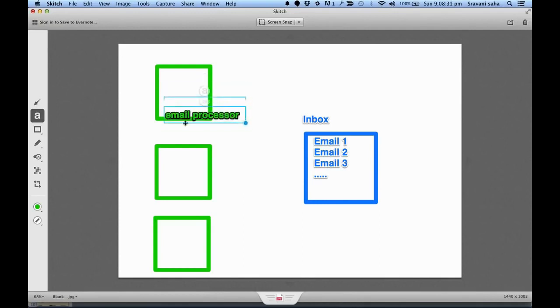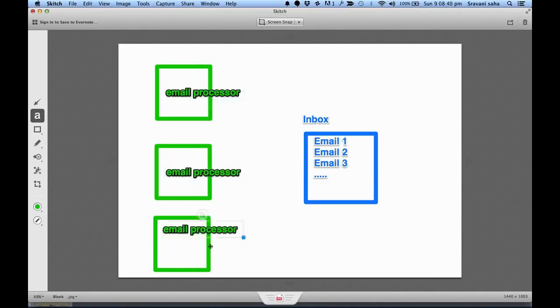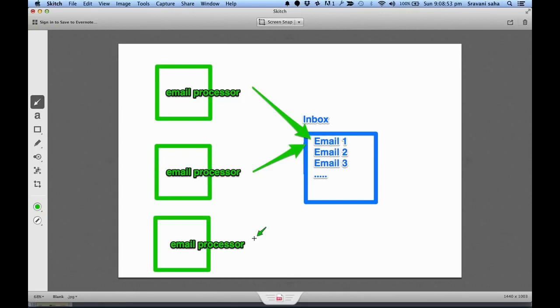So these are your email processors, and all of them are going to talk to your inbox.